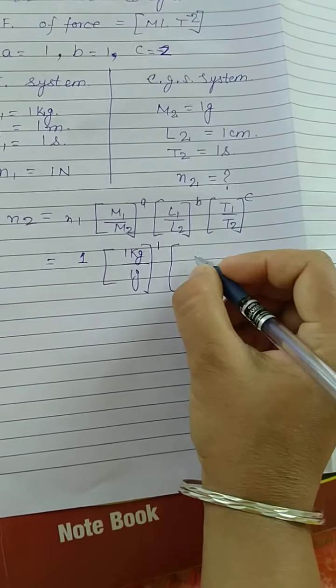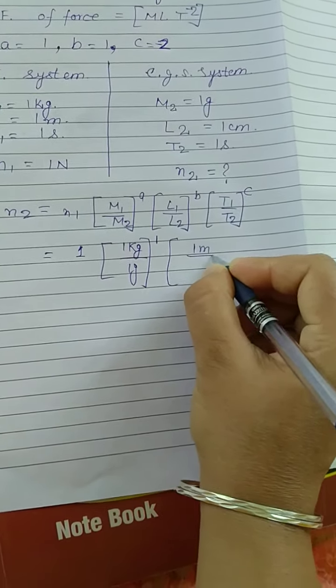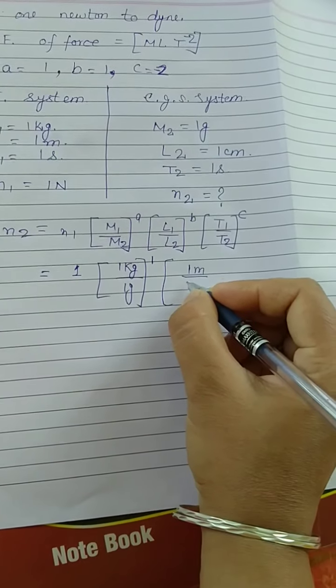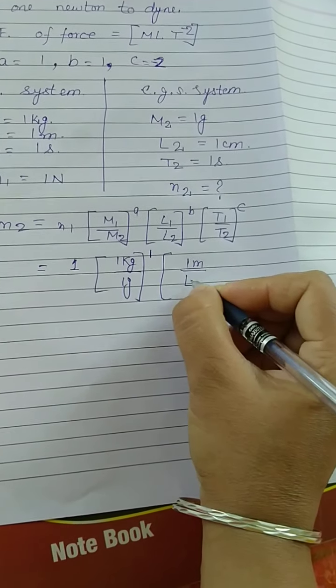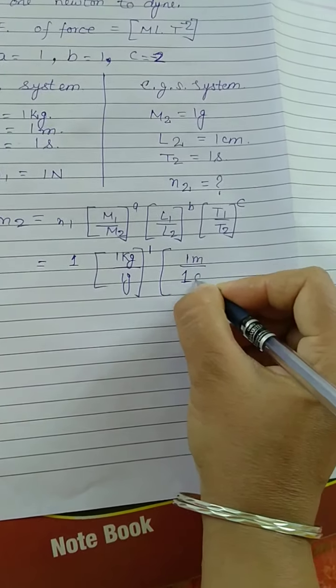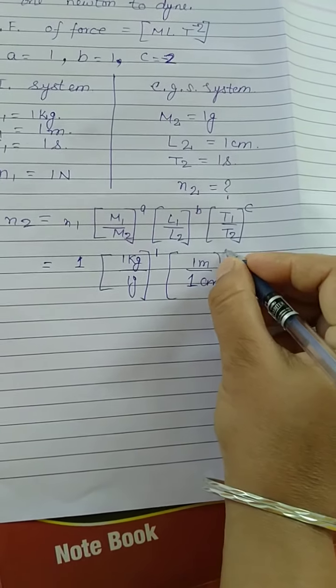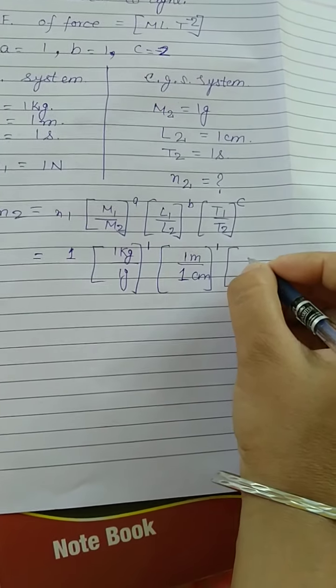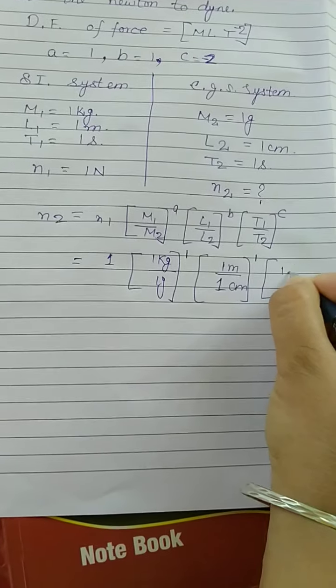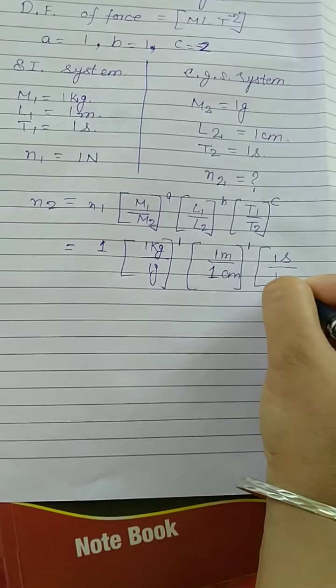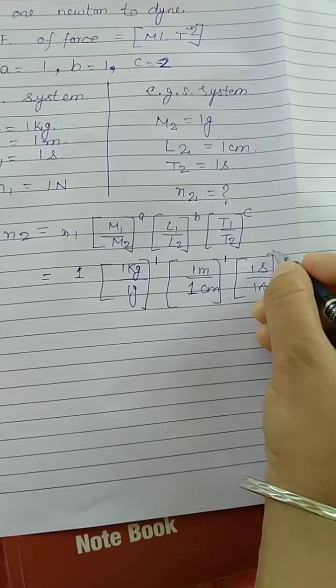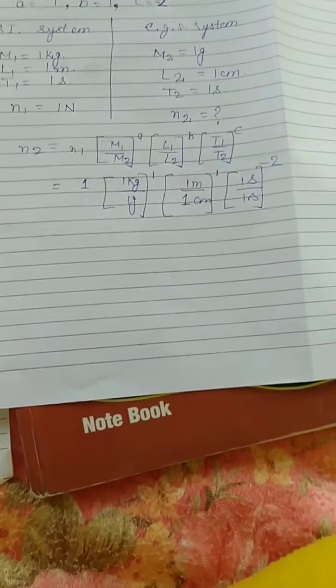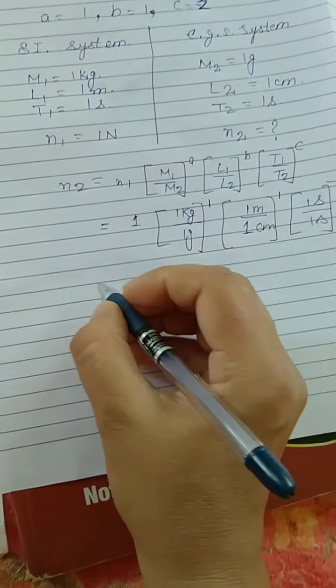L1 is equal to 1 meter and L2 is equal to 1 centimeter, and its power is also 1. Third, T1 is 1 second and T2 is also 1 second with power minus 2. Clear, students? Now further solve it.